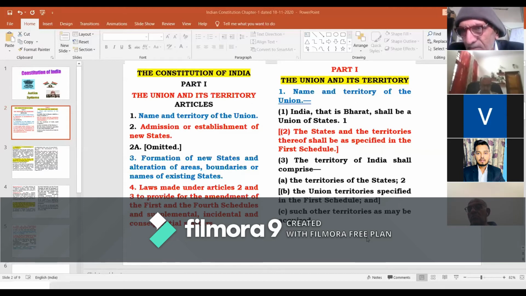The first essay for the students of the Constitution of India is: India, that is Bharat.